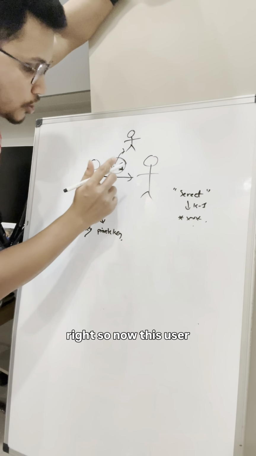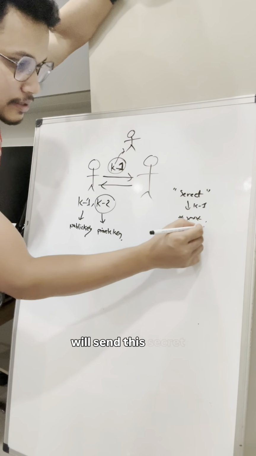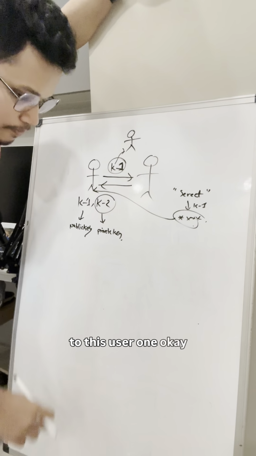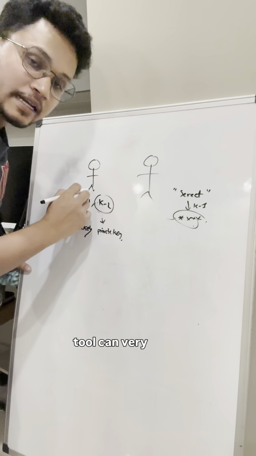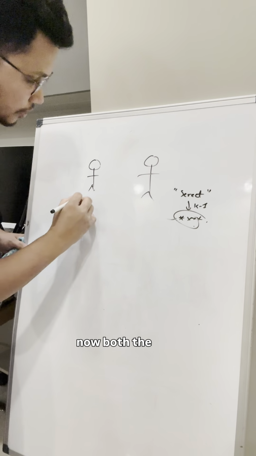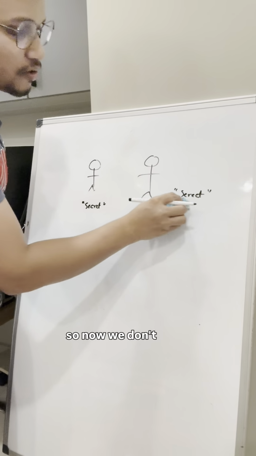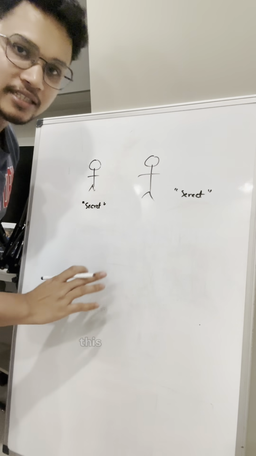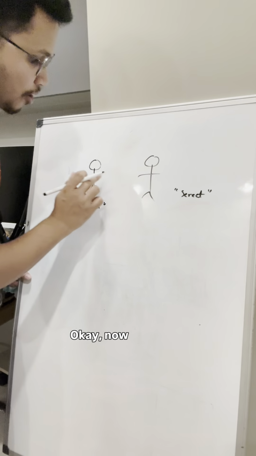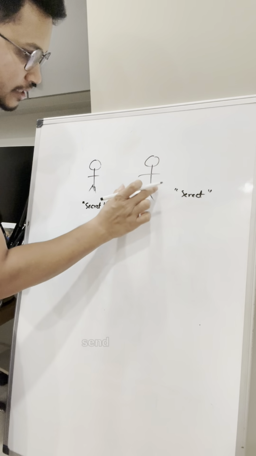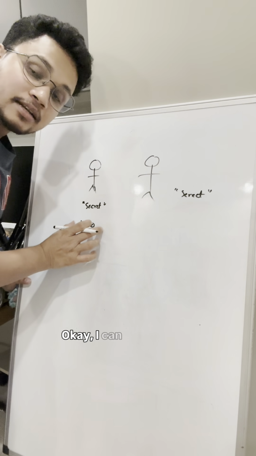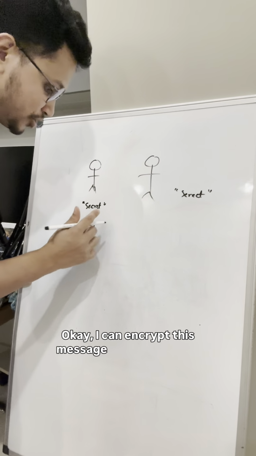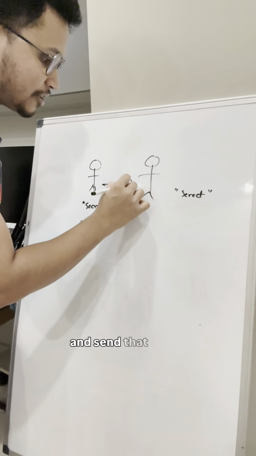So now user 2 will send this encrypted secret to user 1. Now user 1, with the help of key 2, can very easily decrypt it. Now both users have this secret, so we don't need the keys anymore. Whatever message I want to send to you, let's say my message is "hello", I can encrypt it with this secret and send it to you.